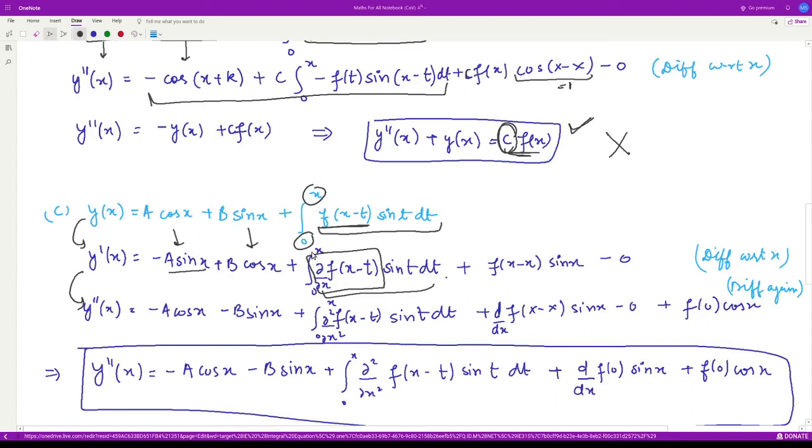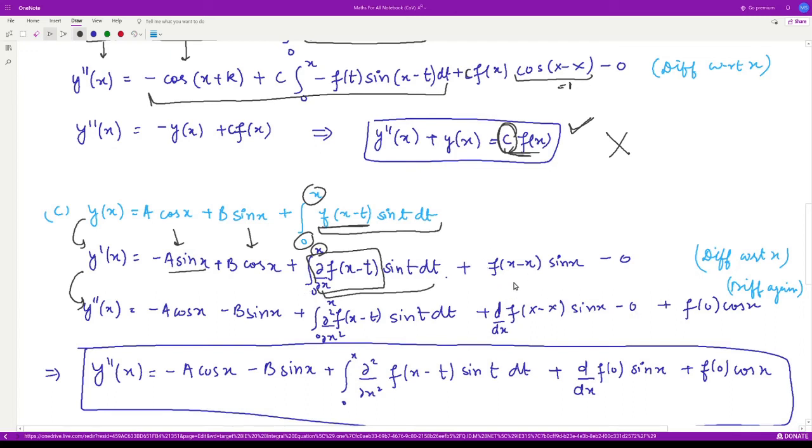The derivative of x is 1, so it is 1 into d by dx of f(x minus x) into sin x, and we do not know what is the value of f of 0, so we'll write it as such, right? And minus 0 because the lower limit is a constant.